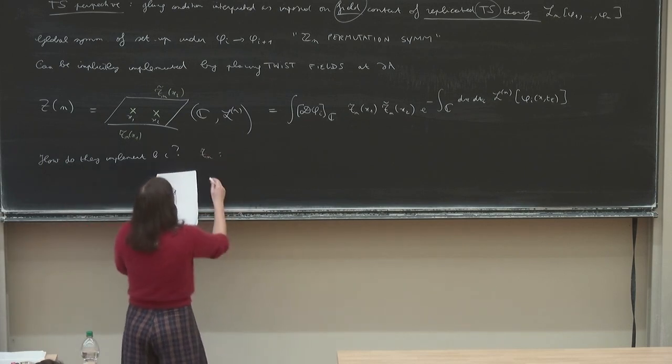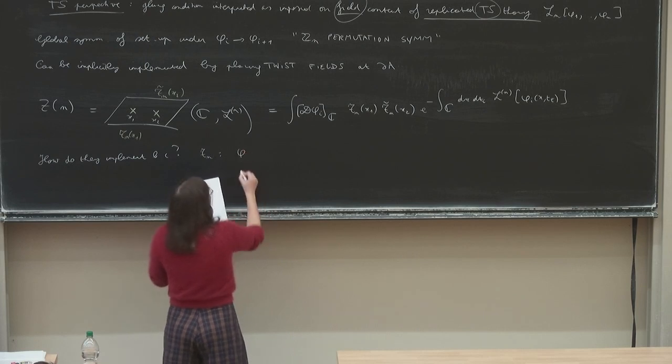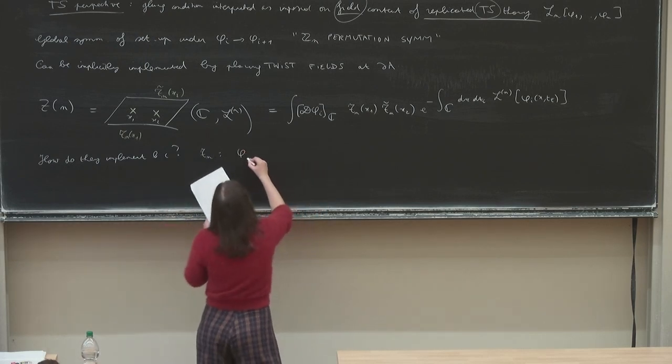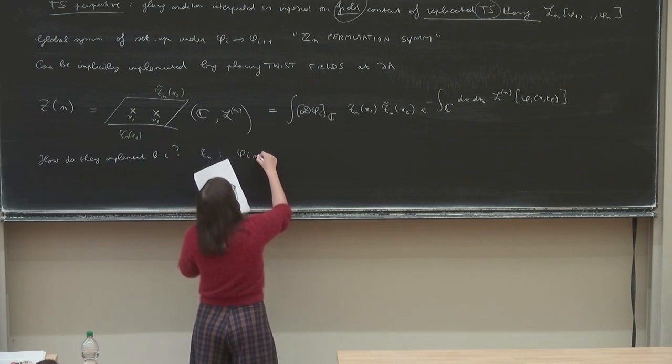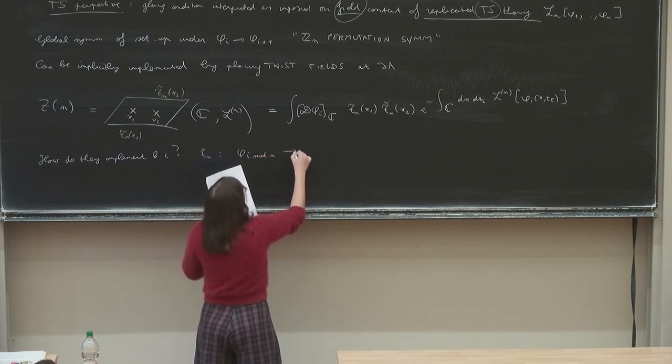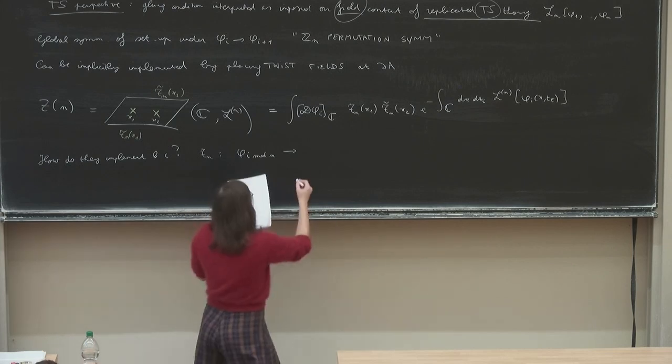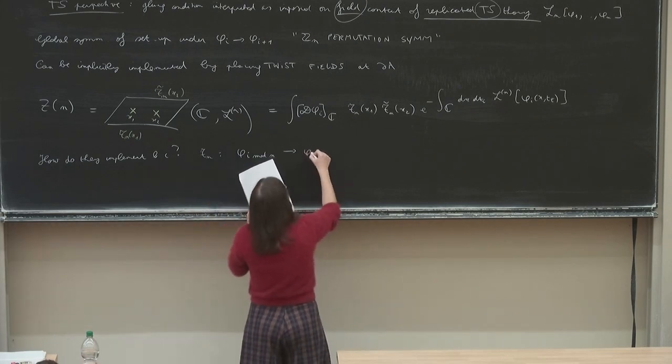By prescription, Tn is a field such that if one of the fields circles it, it transforms; if phi 1, for example, circles it, it will transform into phi 2. Okay, I'll make a picture.